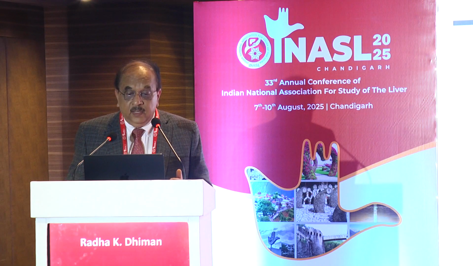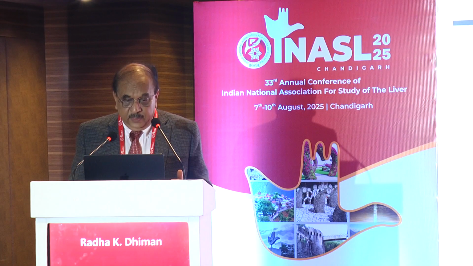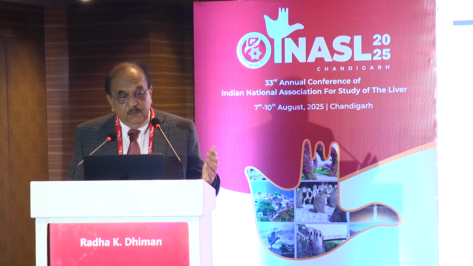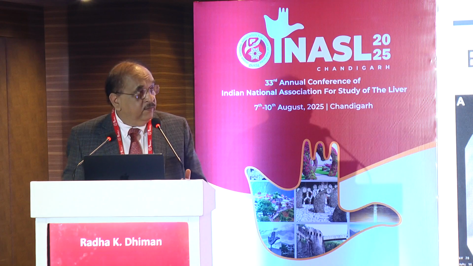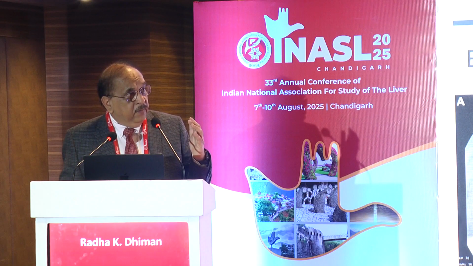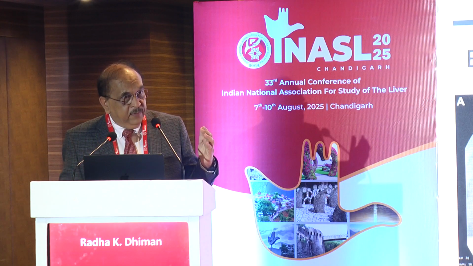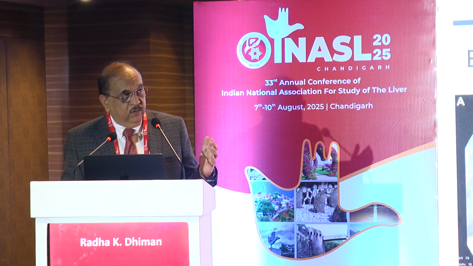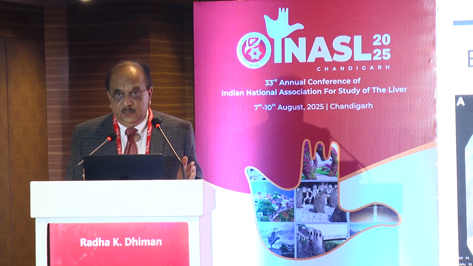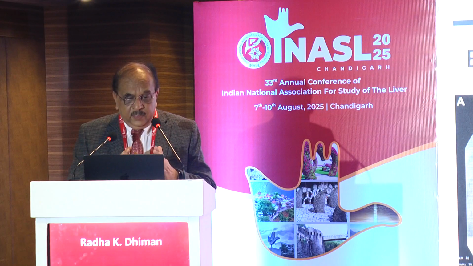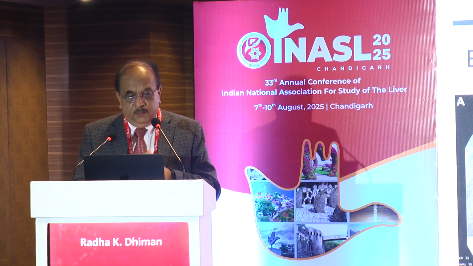Here you can see the two stents on the right side and the stent on the left side also. After 3 months or so you can put two more stents, so there are 5 stents, and the stents can remain there for the next 3 to 4 months, or you can put more stents so that the stricture is dilated. So in the initial phases we used to put multiple stents.